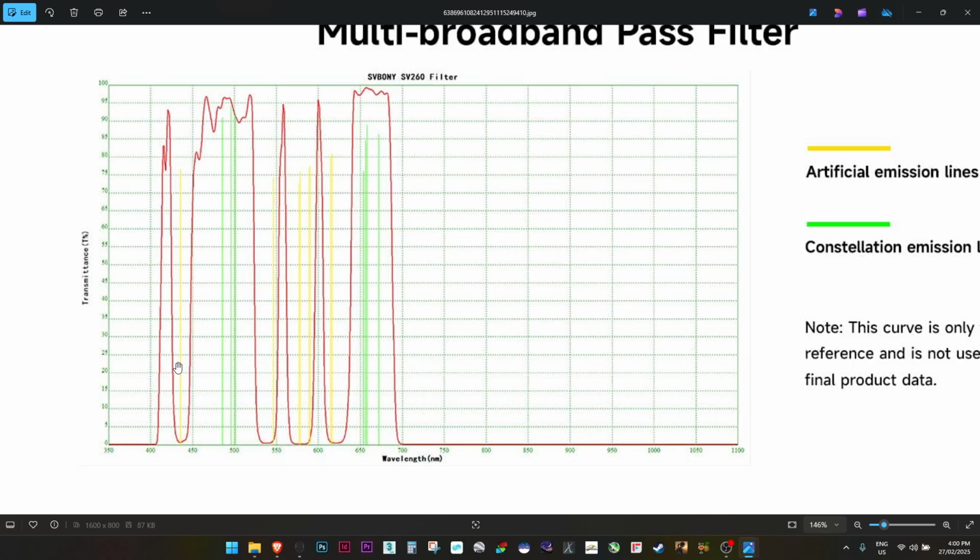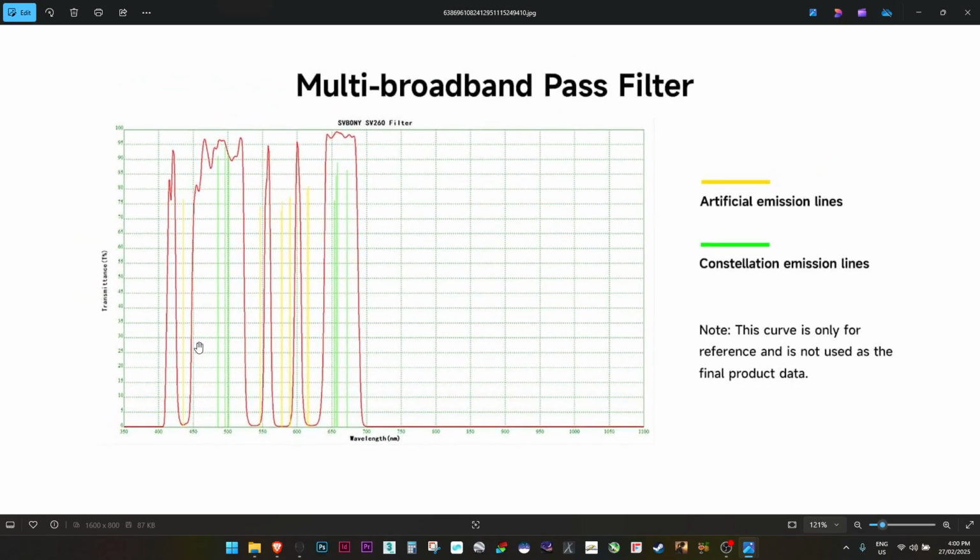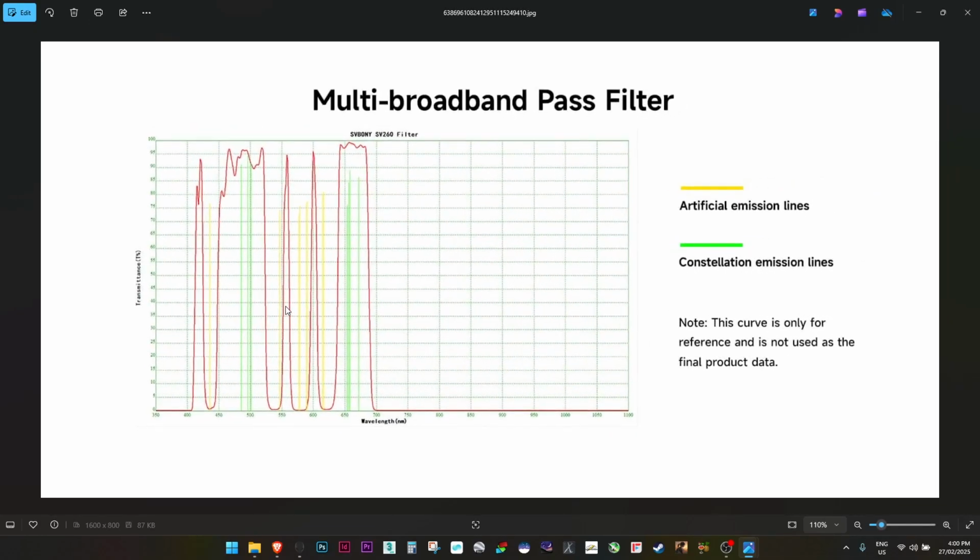so it's much harder to block them. That's why there is a filter for that, like the SV260 or the CLS filters, but they are less efficient than something like the SV260.